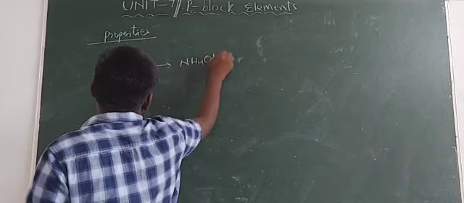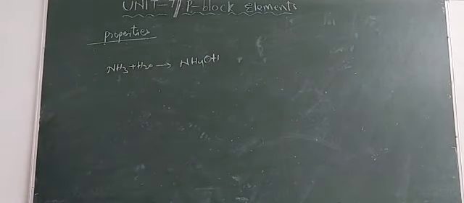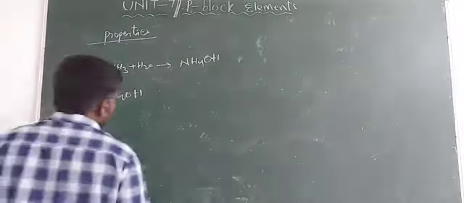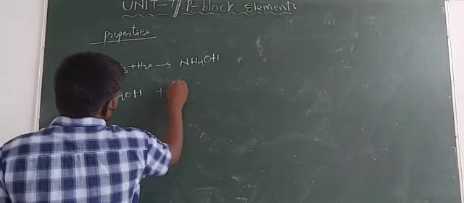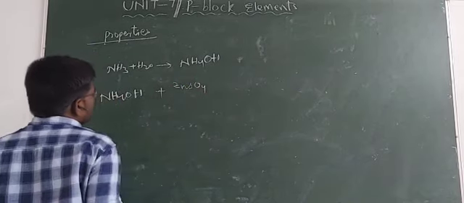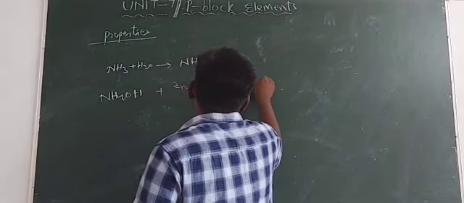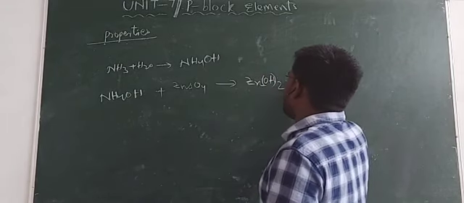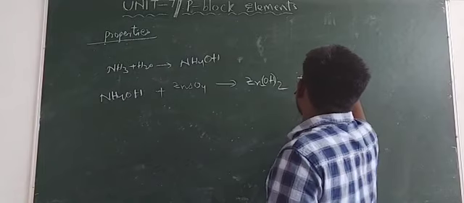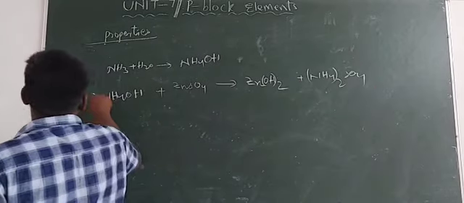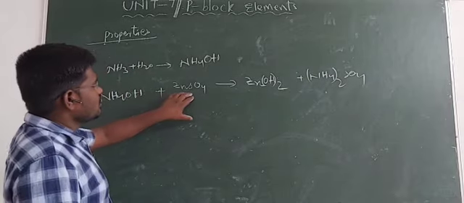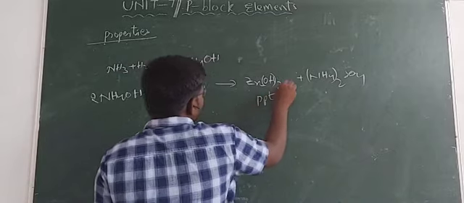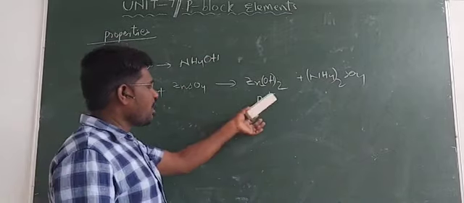That contains NH4OH molecules, and this NH4OH, ammonium hydroxide, which is a weak base, when treated with metal salts like ZnSO4, gives a precipitate of metal hydroxide, Zn(OH)2, and (NH4)2SO4. 2 moles of NH4OH react with the metal salt, for example zinc sulfate, and give the metal hydroxide, which is a white precipitate.